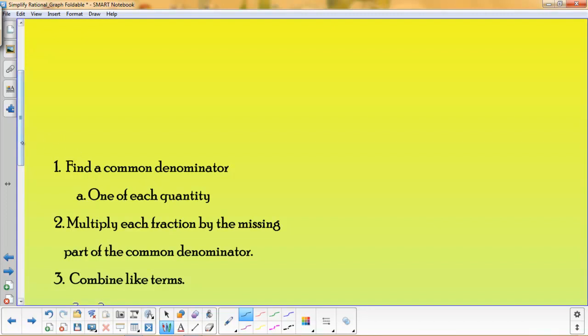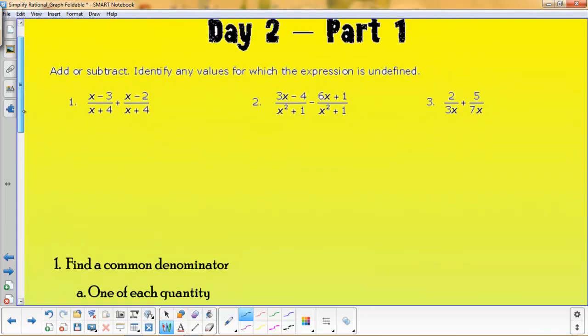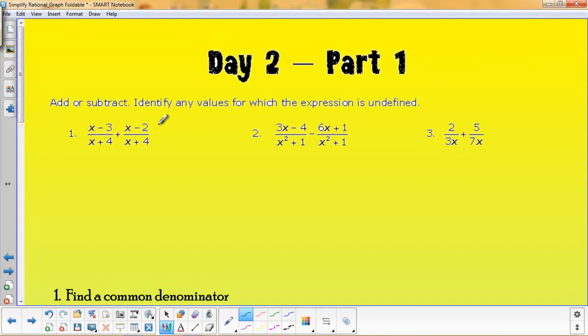Today is going to be a little bit different. The video is a lot shorter because we're only going to go over these 3 problems here. The rest of the problems at the bottom half of the page are going to be yours to complete on your own. I'm going to leave you each one's solution so you can have an endpoint that you're supposed to get to.